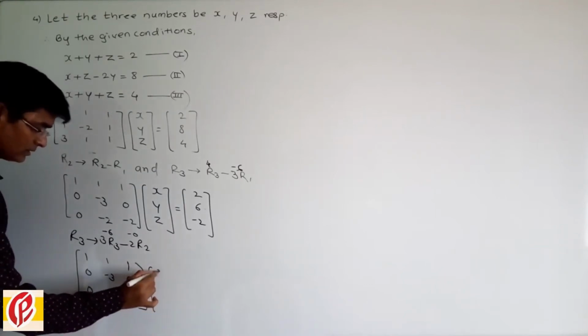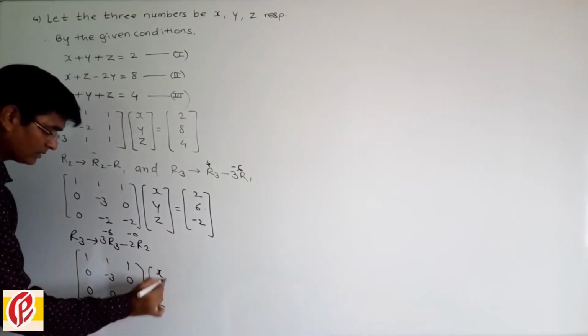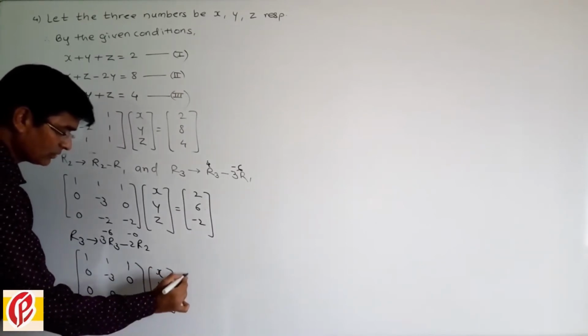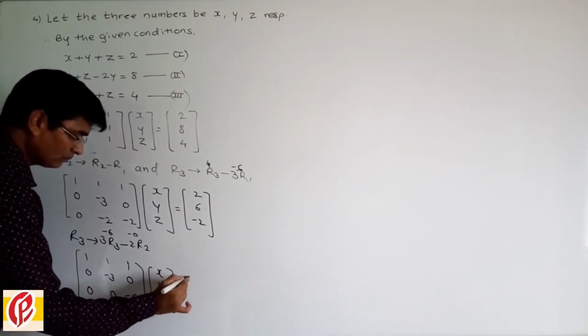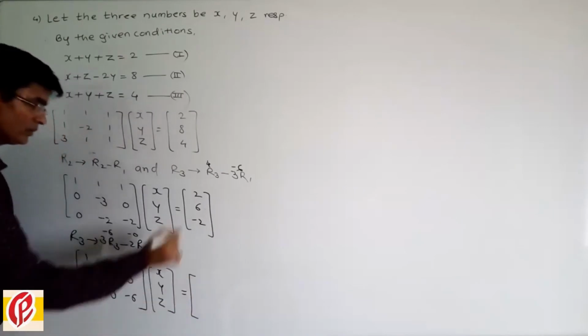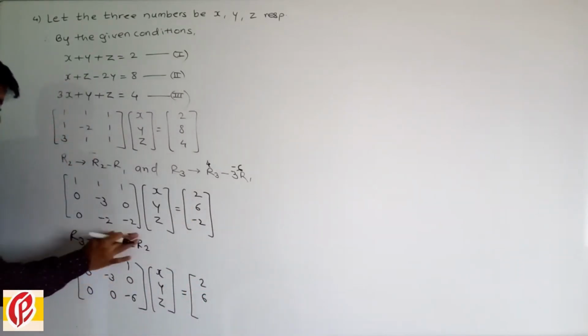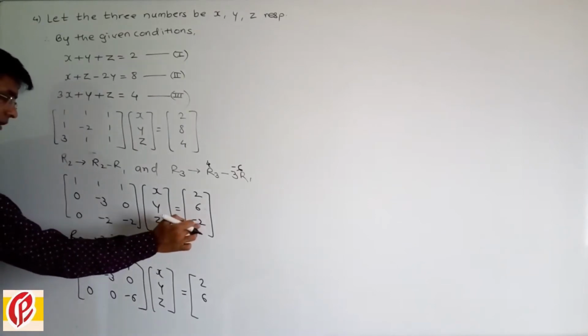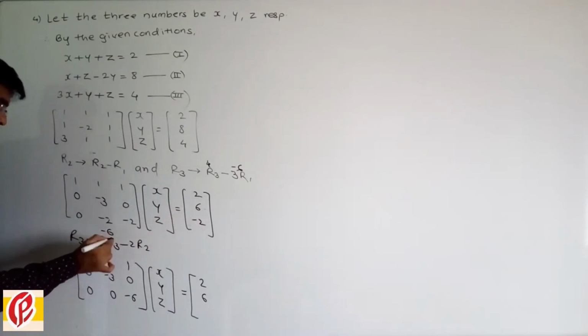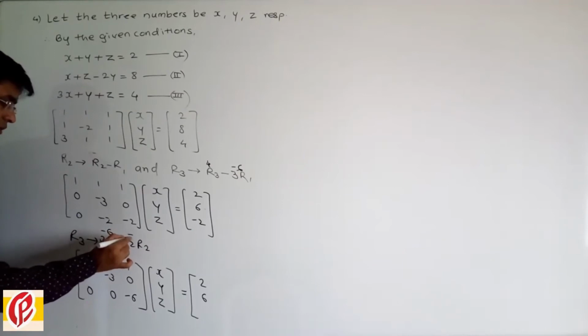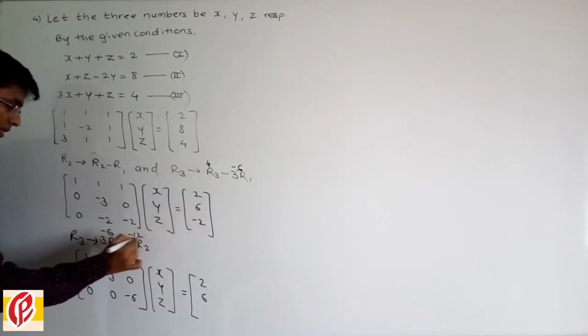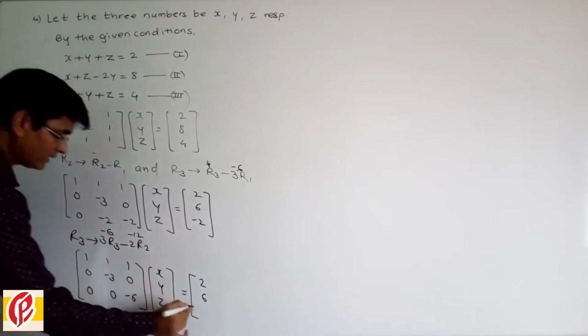And x, y, z is equal to 2, 6, and 3R3 means 3 times minus 2 is minus 6, then minus 2 times 6 is minus 12, so here is minus 18.